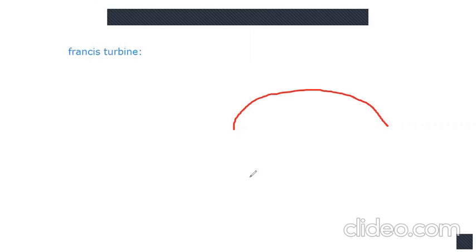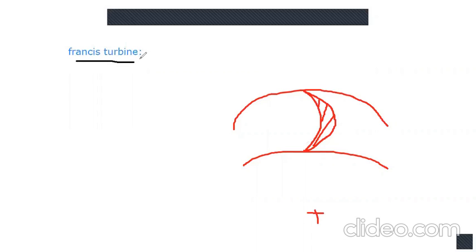This is our plate. Because this is the reaction turbine, the flow is radial.